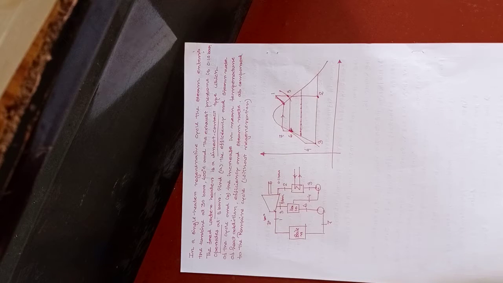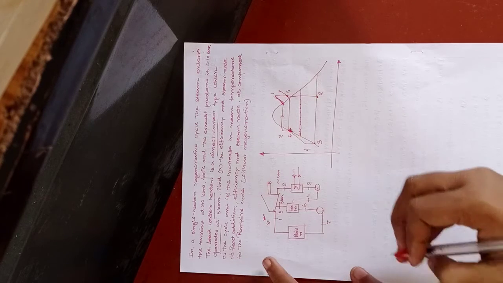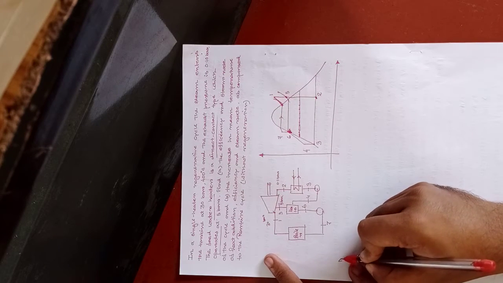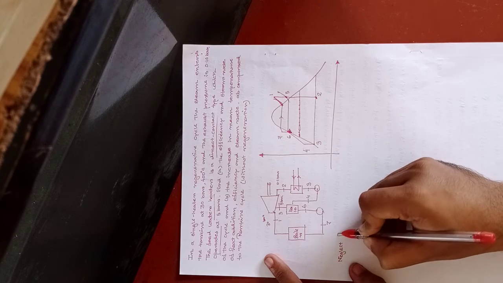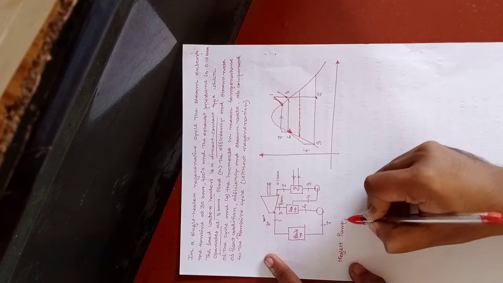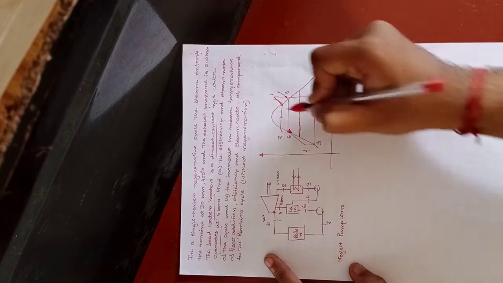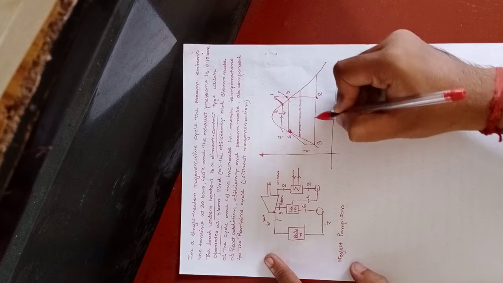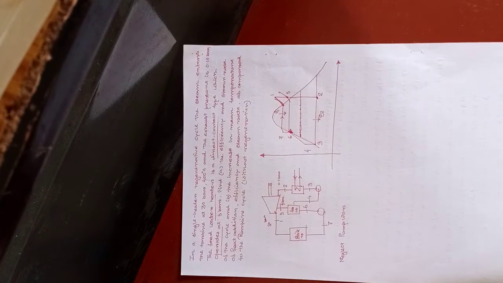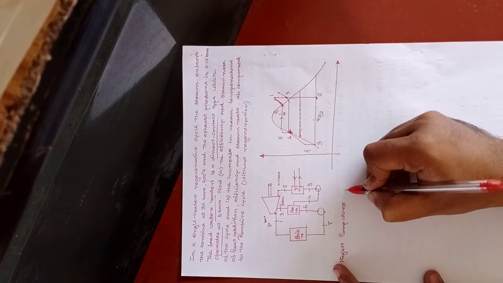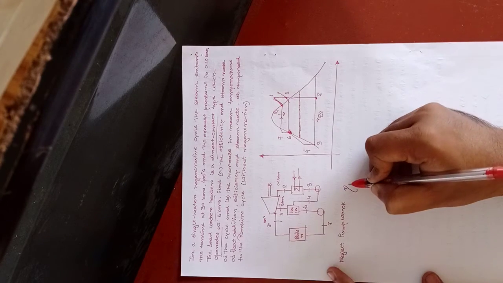Now it has been told that we have to find out the efficiency, the steam rate and the heat rate. In this case we will neglect the pump work. So this is Q1, this is Q2. We have to find out the efficiency.